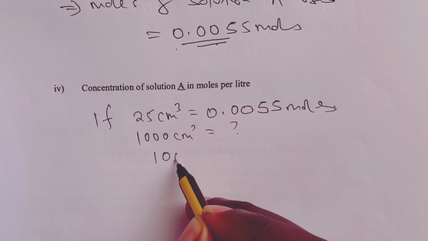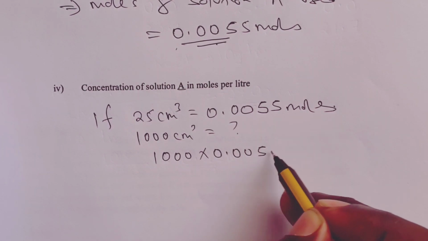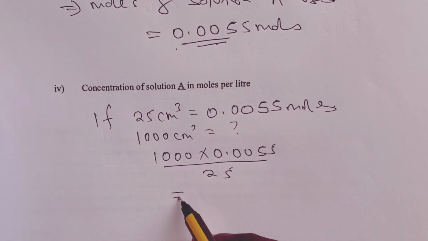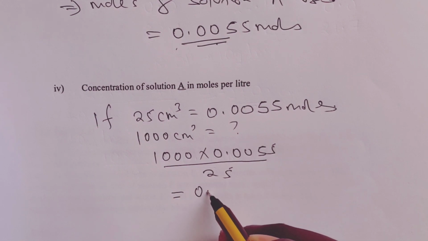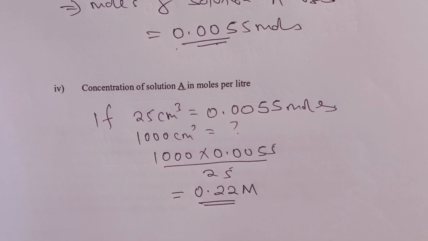Cross multiplication gives 1000 times 0.0055 divided by 25. And we obtain a 0.22 molar hydrochloric acid solution A. With that, we proceed now to procedure 2.